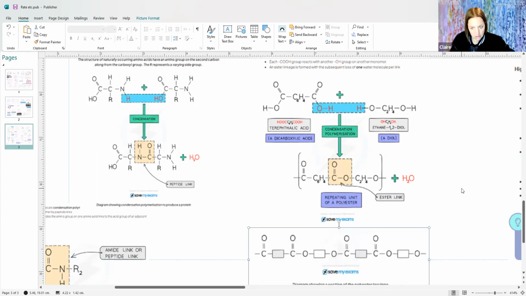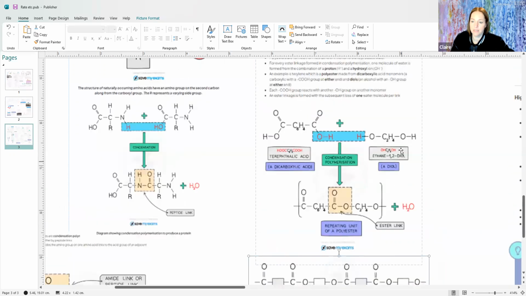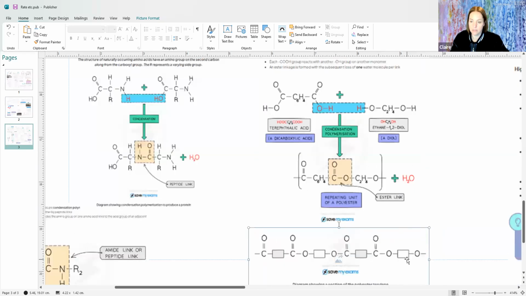I don't like these diagrams here, but sometimes they are represented like this, okay? I don't like that, but it's basically cutting out these boxes here, the white boxes, that are the clump of carbon and hydrogen chains. So instead of writing out all those carbons, it's just represented by a box. That's it.